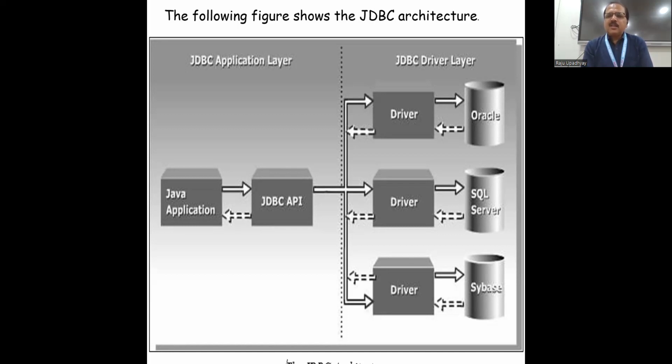The database executes the request given by the Java application through the user, and gives the response back to the database driver, and in turn it goes to the JDBC API, and then in turn to the Java application, right? So this is your JDBC architecture. This has to be very clear before understanding the concept of different database drivers and kinds of drivers.